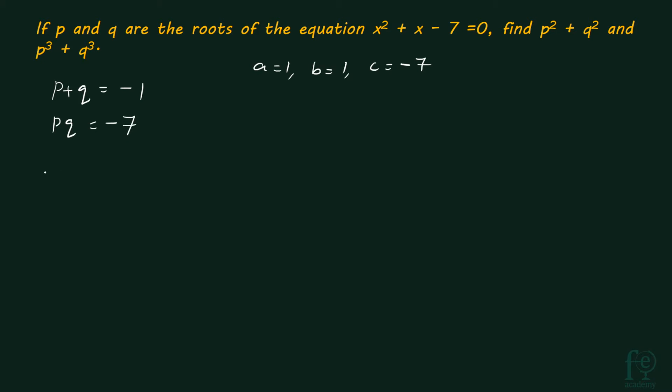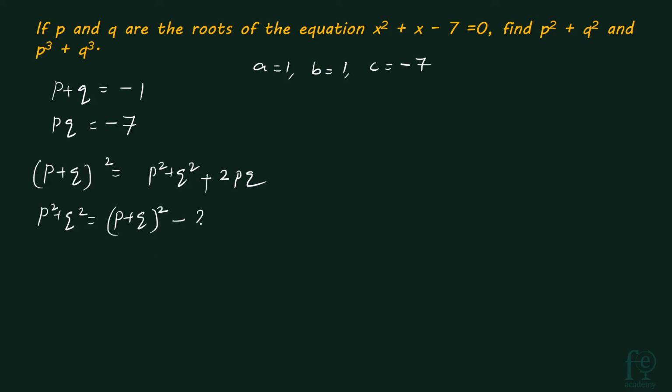Now we have to find out p square plus q square. You know that p plus q the whole square is equal to p square plus q square plus 2pq. So p square plus q square is equal to p plus q the whole square minus 2pq.